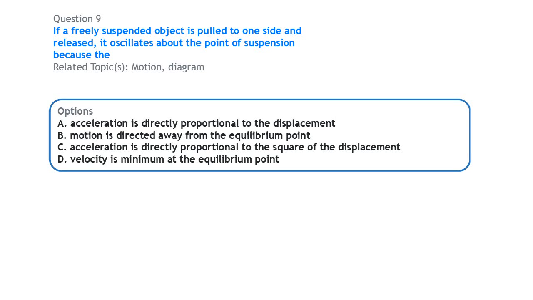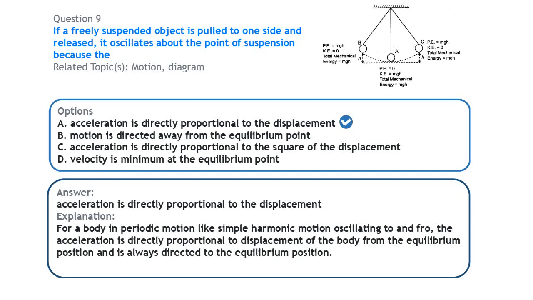Next, if a freely suspended object is pulled to one side and released, it oscillates about the point of suspension because that body is going to undergo simple harmonic motion. This is where the pendulum bob is suspended initially.